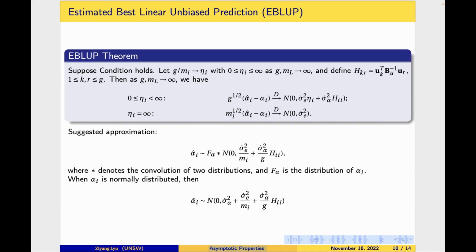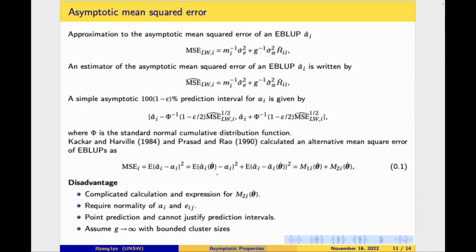This one is consistent, and we can use it to generate the asymptotic mean square error and also to generate prediction intervals for alpha i.